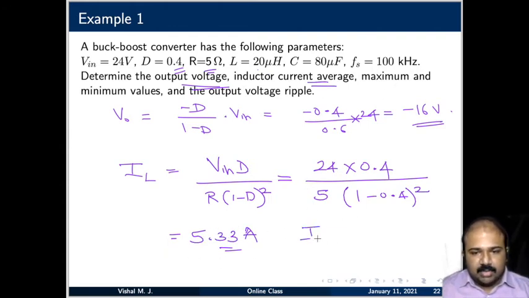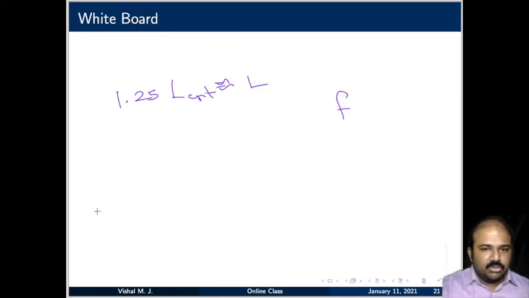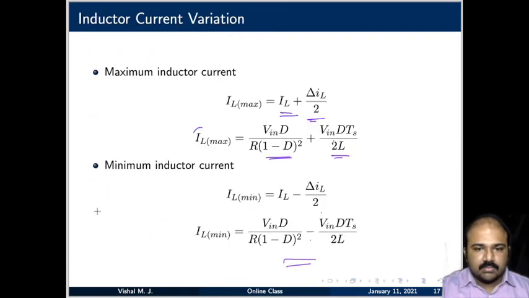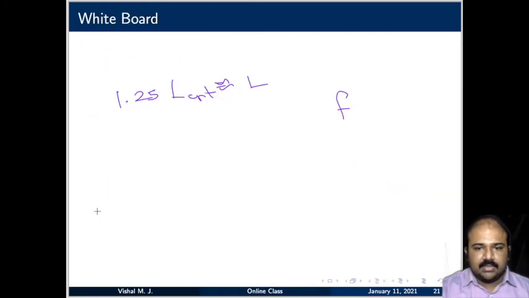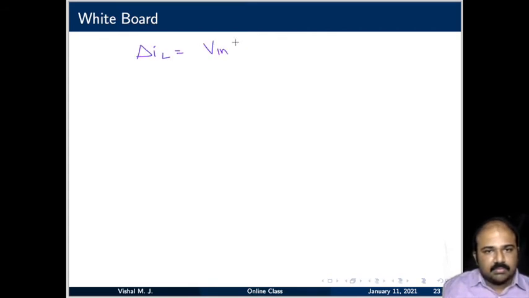So what is IL max? Average plus half the ripple. So what is ripple? Ripple also we have calculated: V in D Ts by L. Instead of Ts, I am taking the switching frequency.